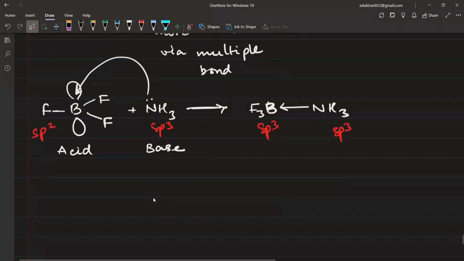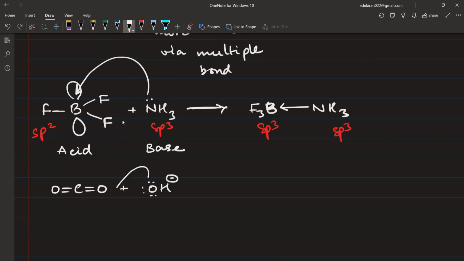Okay, write one more example with carbon dioxide plus OH negative. The oxygen of OH negative has a lone pair of electrons, even though it may not be shown here, it is on the oxygen atom. So it attacks the carbon atom like this. One of the pi bonds is going to break, and you are going to have carbon with a double bond to O, single bond to OH, and O negative.